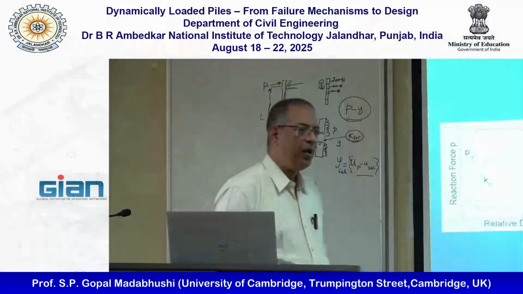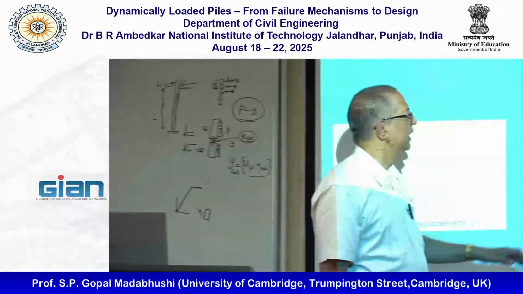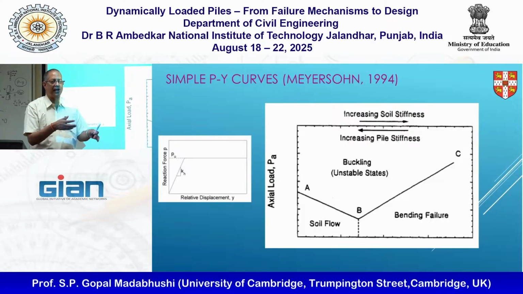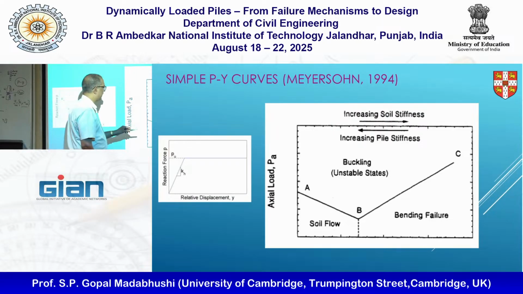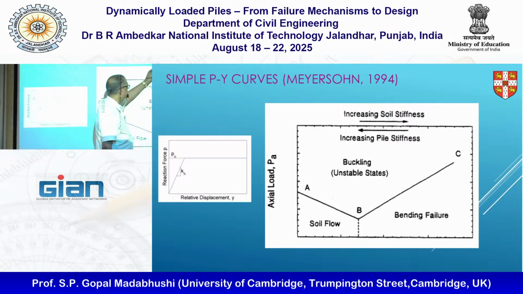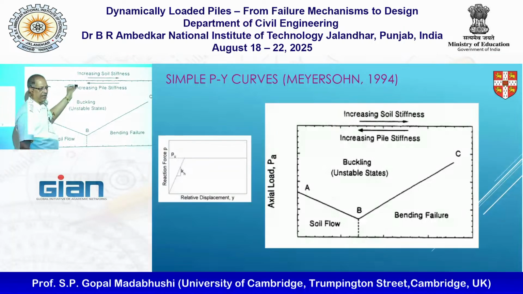Okay. Now we can put this in the context of the different failure mechanisms we looked at. I've been showing for the last 2 days, and I'll show some more again, how pile foundations can fail. So I'm plotting axial load on this axis, and on the x-axis I have increasing soil stiffness, and in the other direction increasing pile stiffness.